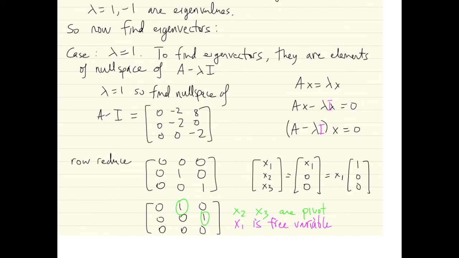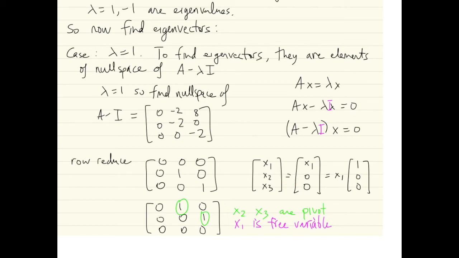I usually work with the augmented matrix, so secretly there should be a column of zeros over here. But anyway, the first line says that x2 is equal to 0. x3 is equal to 0. And then x1 is a free variable. There's no condition on that.